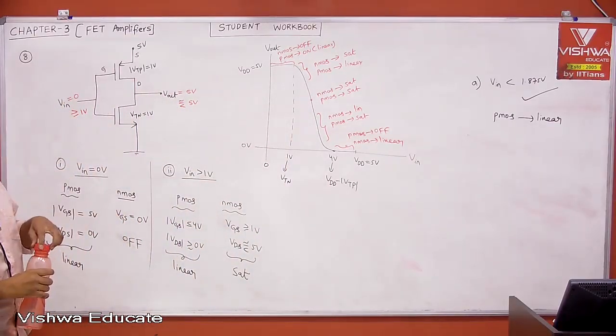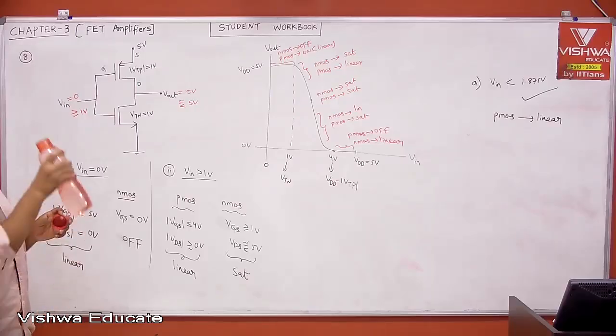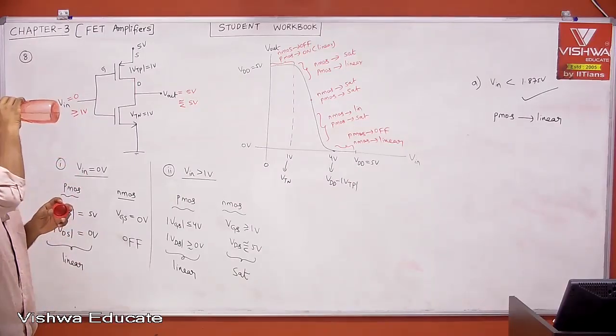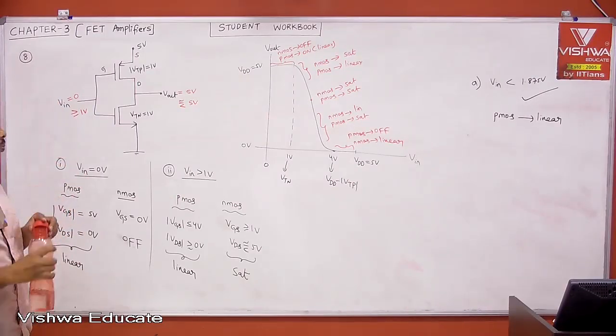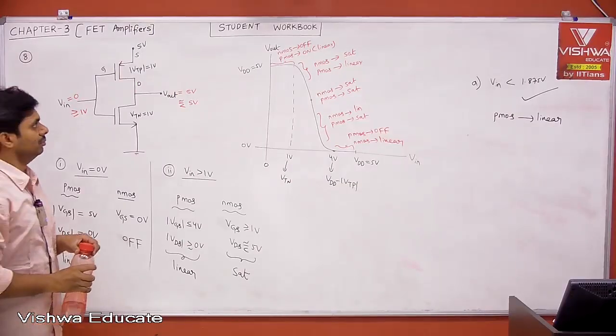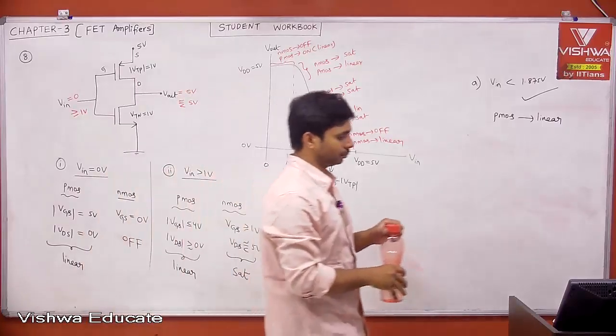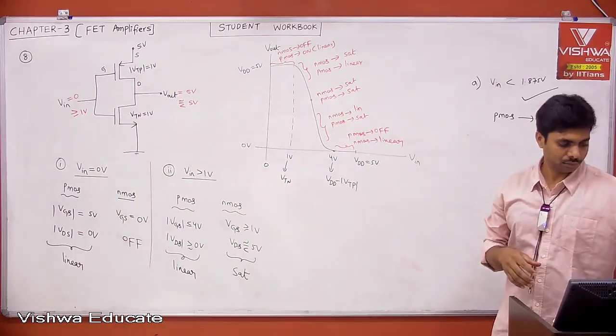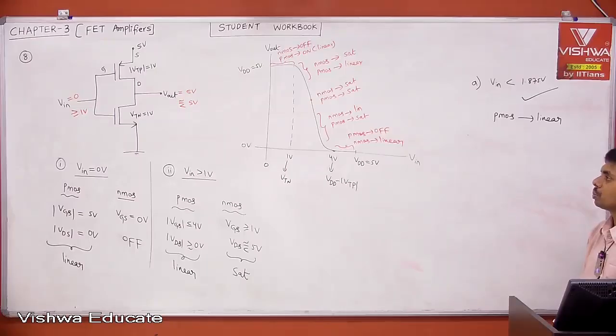It will be in linear region. Off means cut off.